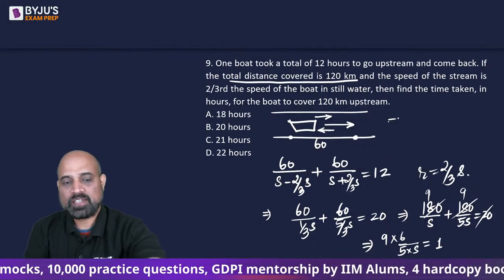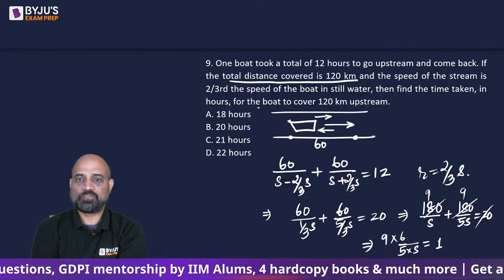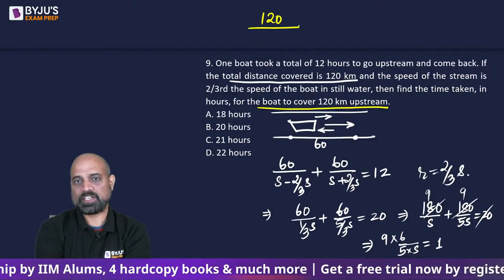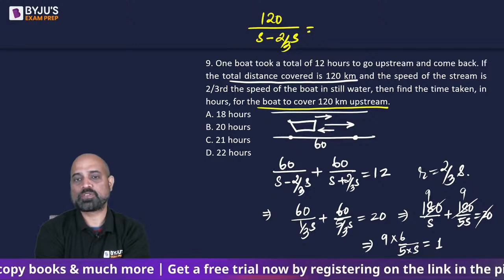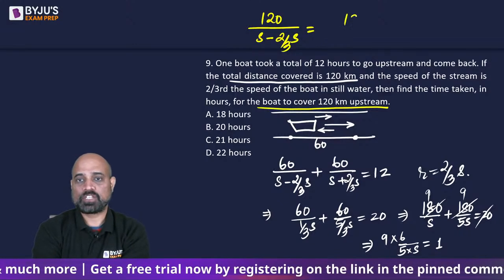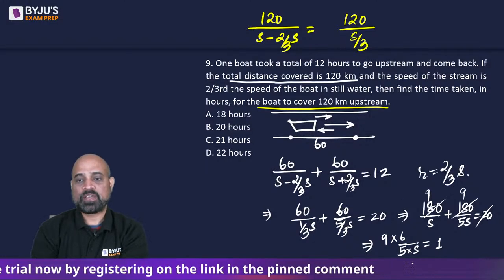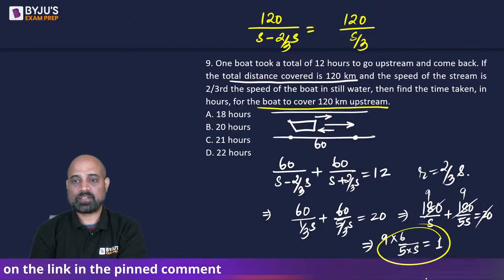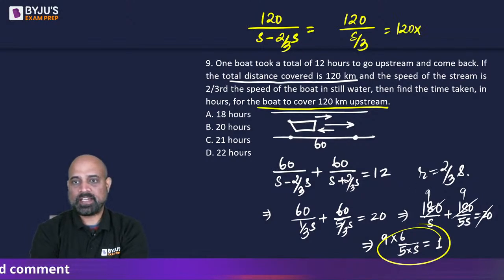Now, question is, what will be the time taken for the boat to cover 120 kilometers upstream? So आपसे पूछा जा रहा है 120 divided by speed of boat minus speed of stream. How much will this result in? So this becomes 120 divided by s by 3. Now, if you look at this, this becomes 120 into 3 by s.